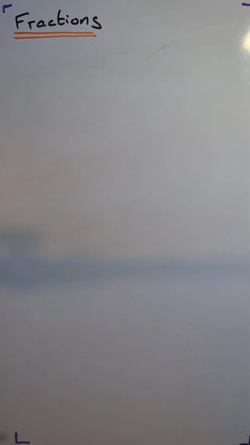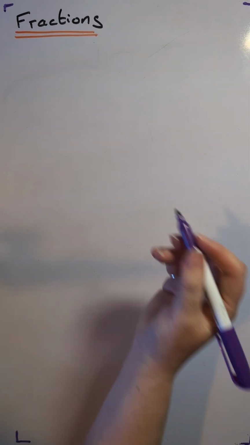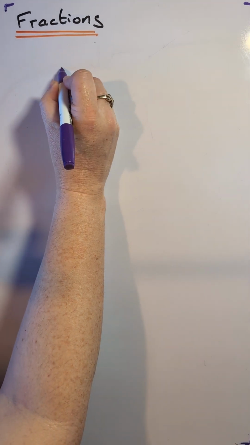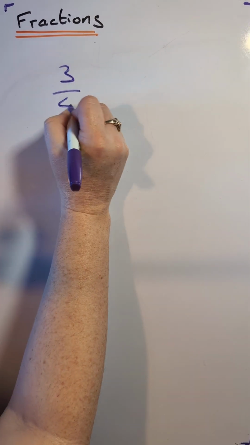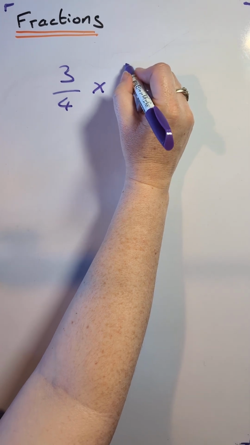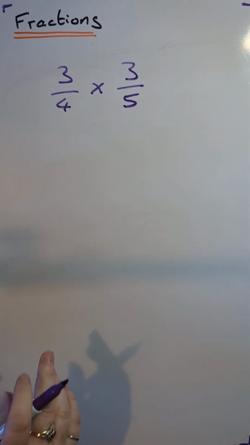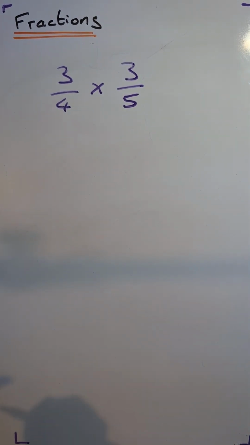So I'm going to move on now to multiplying. When you add and subtract a fraction, you have to make your denominators the same. That does not follow with multiplication and division. It does not track through. So if we had 3/4 times 3/5, what we do with multiplication is straight across.